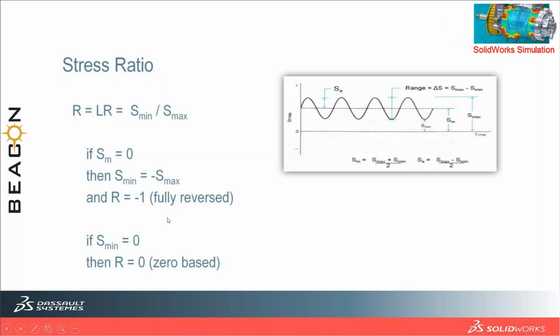Another common stress ratio is 0. These are the inputs we are going to provide for performing the fatigue analysis, and here R equals 0. Whenever you have this type of stress ratio, we call it zero-based, and this can only happen when sigma S min is equal to 0 according to the equation.